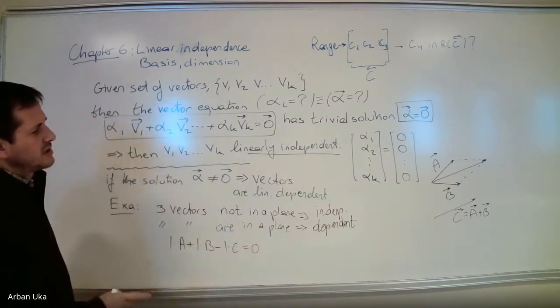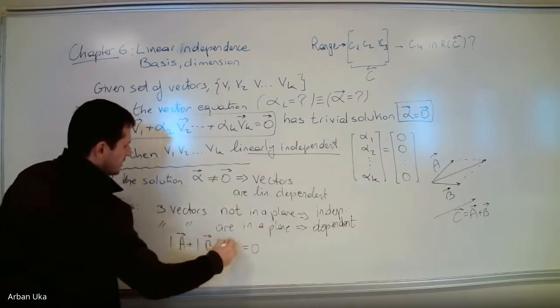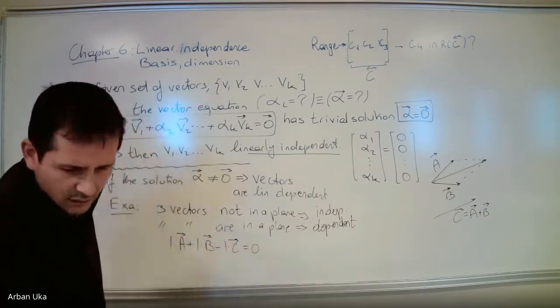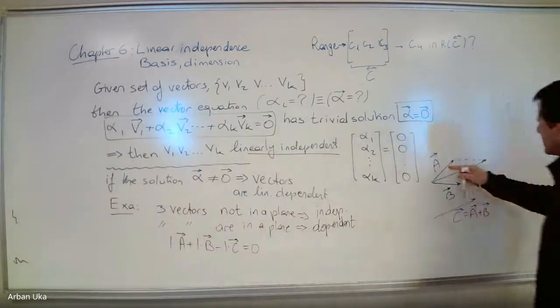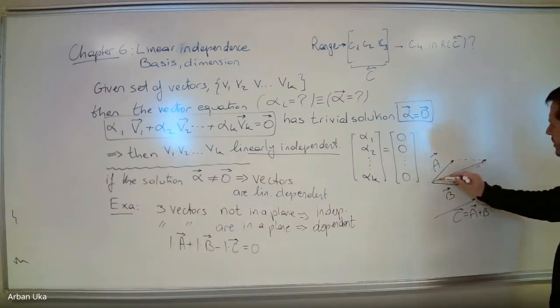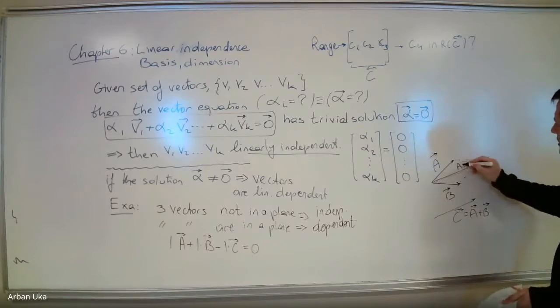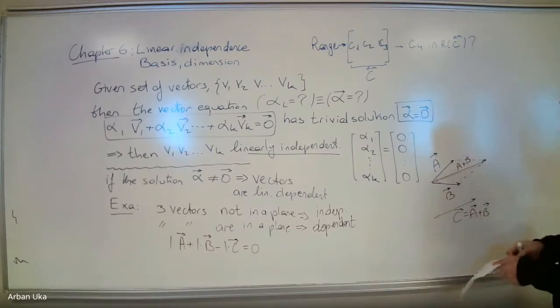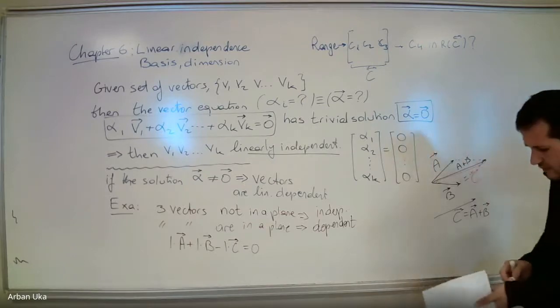Because A plus B is C, then minus C, these are vectors. So this is A plus B, but minus C is a vector which is going to point in this direction. A plus B and minus C for sure is going to give us 0.